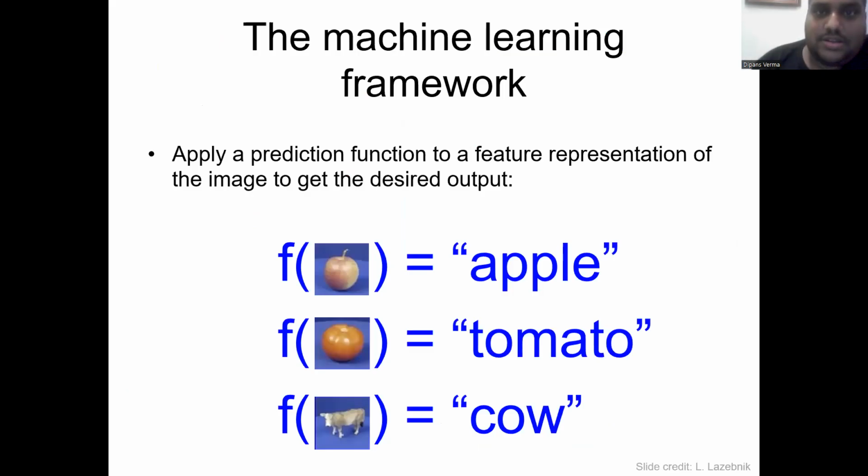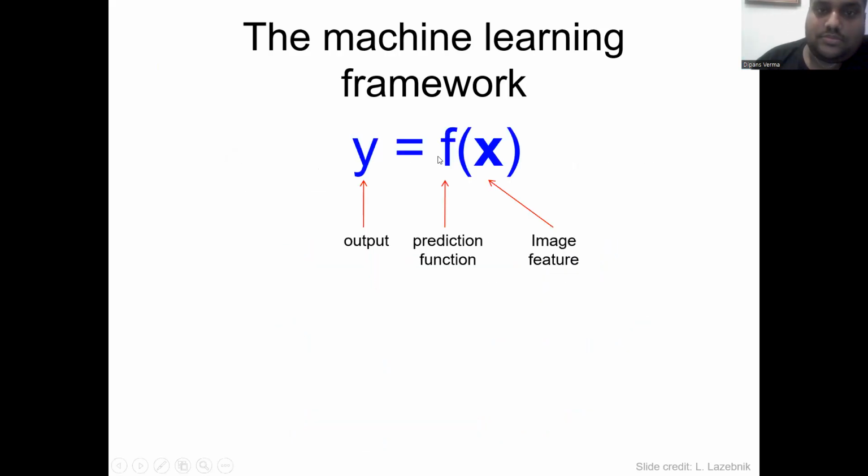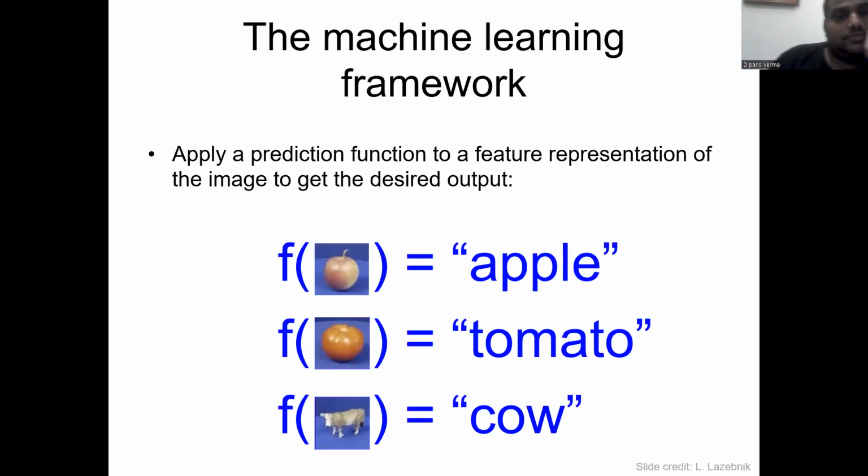So like machine learning: apply a prediction function to a feature representation of the image to get the desired output, right?